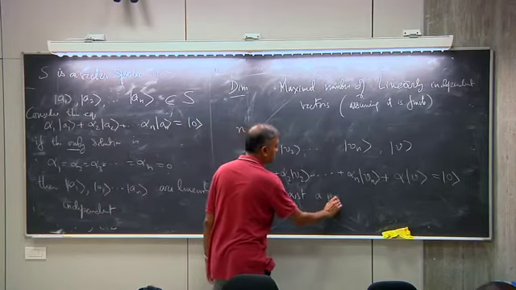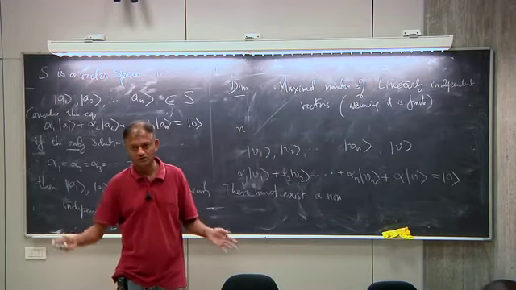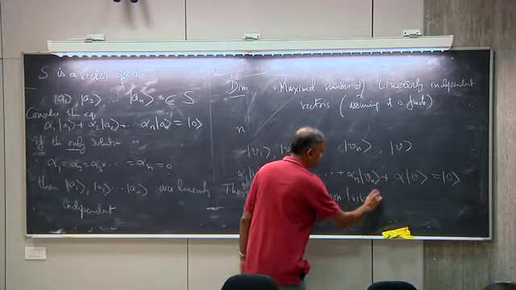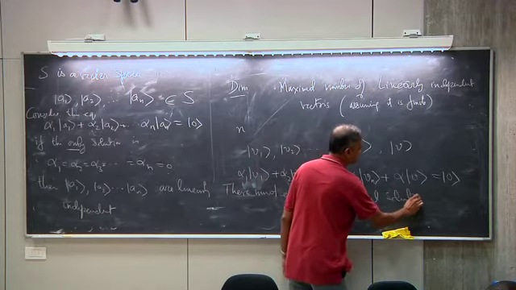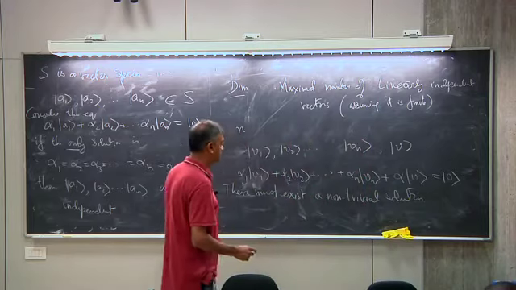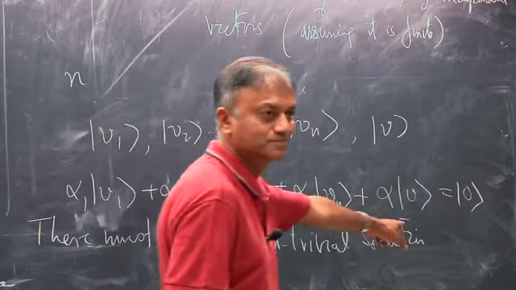When I say non-trivial, it means not all 0. Trivial means when everything is 0. So there exists a non-trivial solution for alpha 1, alpha 2, and so on, which means there exists a solution where not all of them are 0.